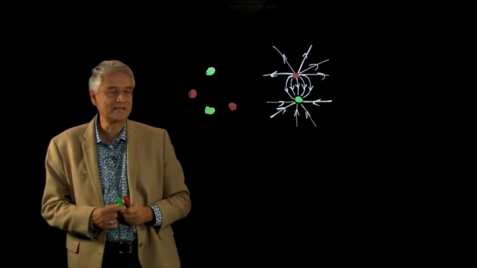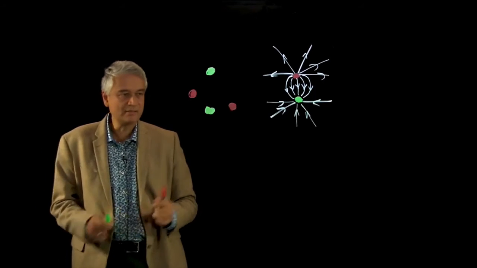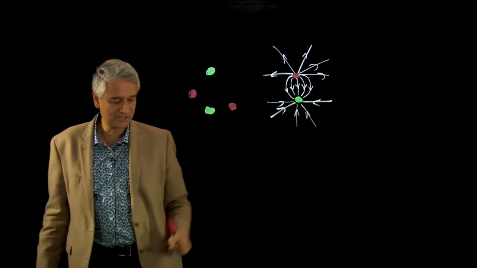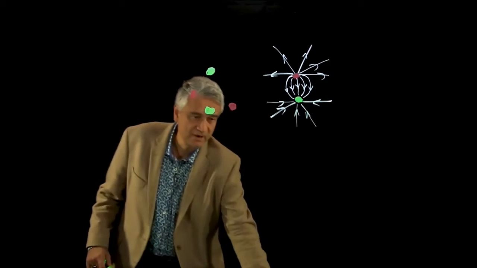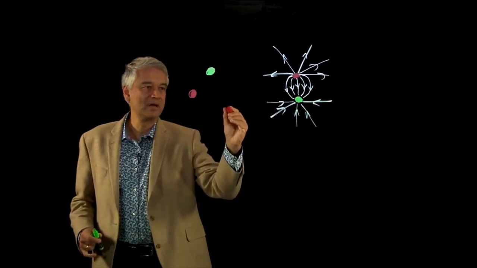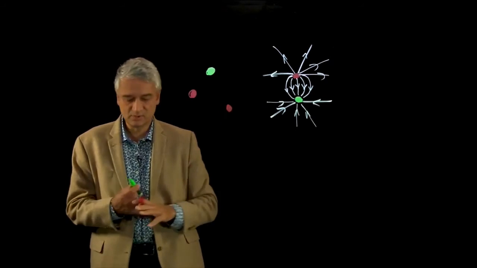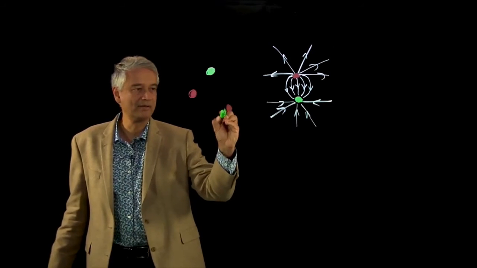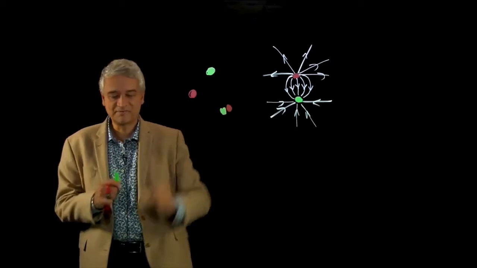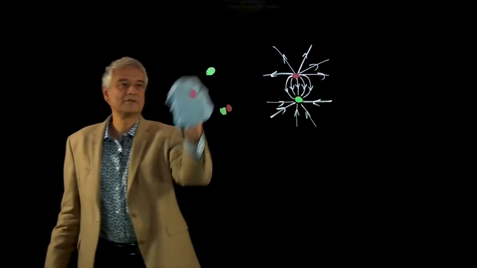Well, the first thing that's going to happen is that the charges are going to feel their closest neighbors, and a plus is going to be attracted to a minus. So the very, very first thing that's going to happen very quickly is that the plus and the minus are going to get pulled towards each other, and we're going to end up with a situation like this. And these two are going to feel each other, pulled towards each other.